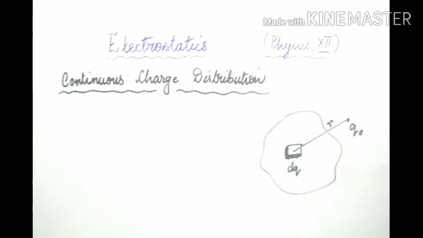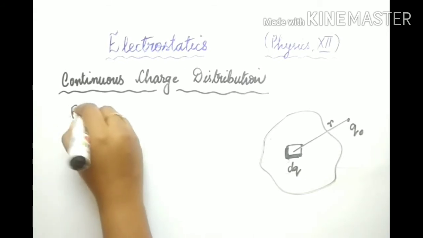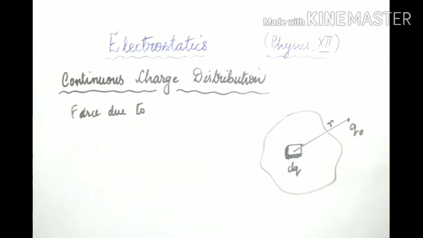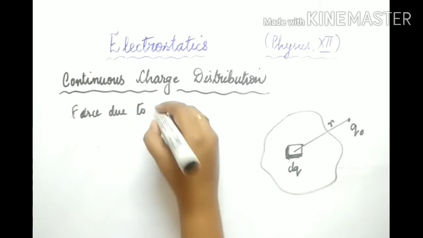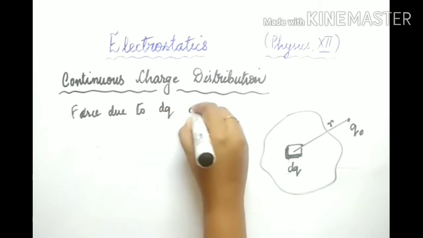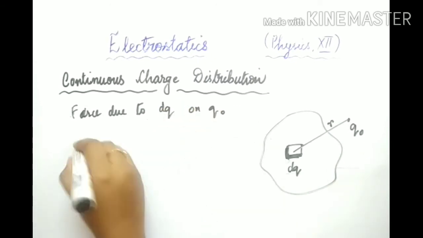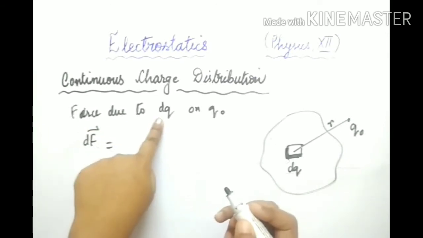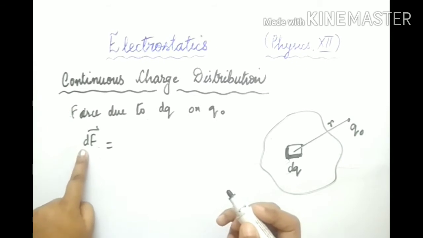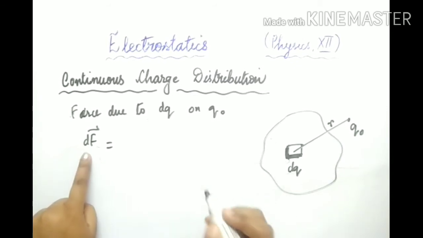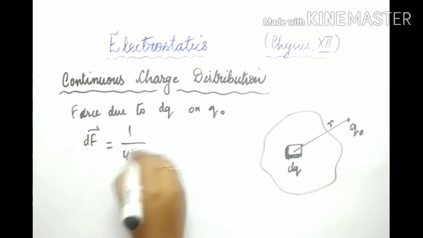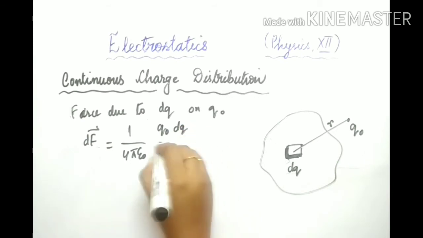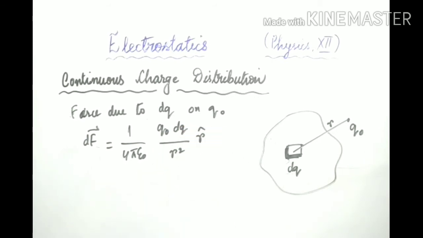If you want to calculate the force, how will you calculate it? Since dq is a small amount of charge, here also we write dF, that is, this force is a small force. So it is 1 by 4 pi epsilon naught, q0 dq by r square, r unit vector.